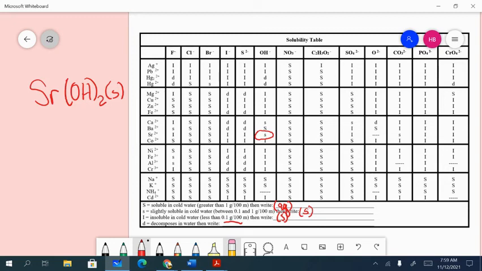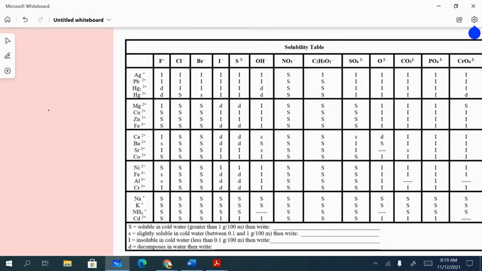So this is how you read a solubility table. I'm going to summarize here. Whenever you see a compound, it has to be an ionic compound to use the solubility table. So you have a cation in the front. So if you notice, if it's not ammonium, you're just looking for the first element. So whenever you see a compound, let me just come up with one randomly.